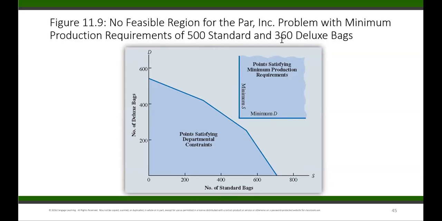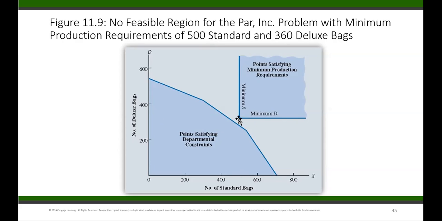And we also require having more than 360 deluxe bags. So what happens is that this is the sub-region satisfying the minimum production requirement, and this is the original feasible region. This is actually the feasible region with the available amount of resources.